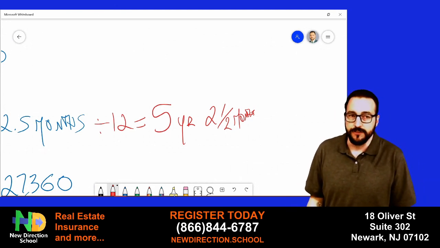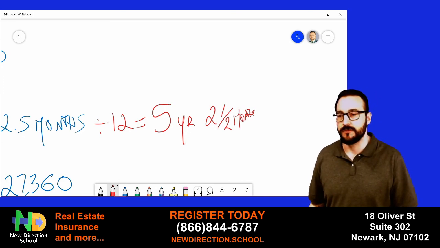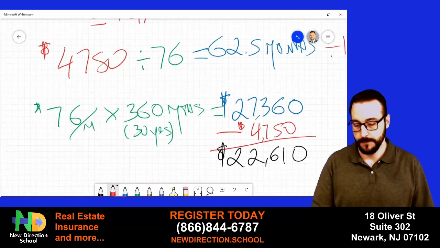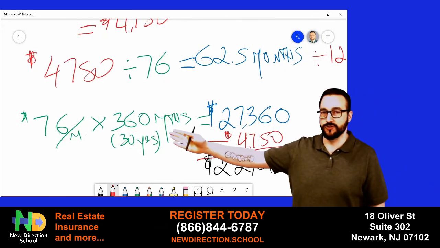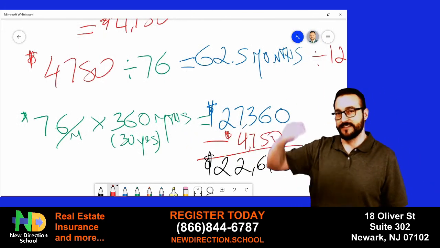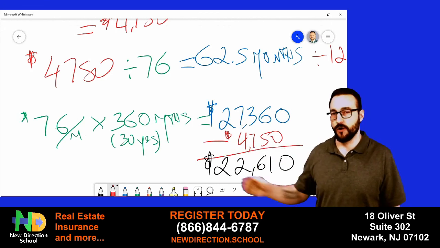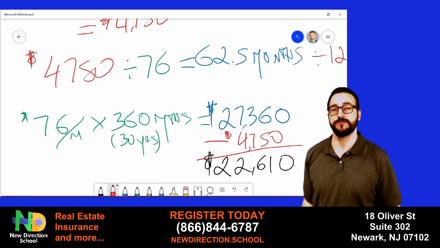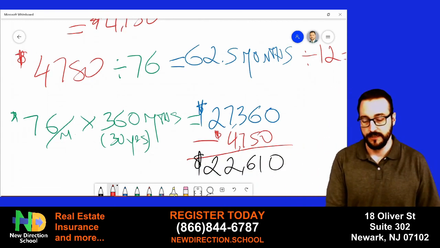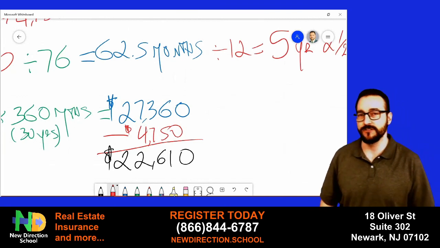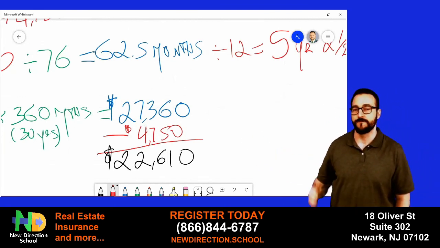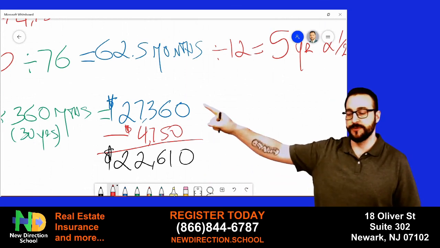They could ask you, what are your savings? How do we figure out the savings? Well, we have to figure out the total of that savings, right? For the whole 30 years, it's $76 a month times 360 months, which is 30 years, right? And that represents $27,360 that we saved for the lifetime of the loan.